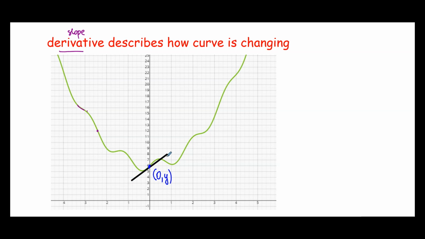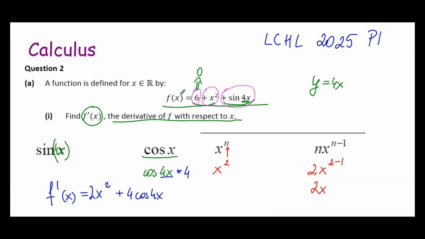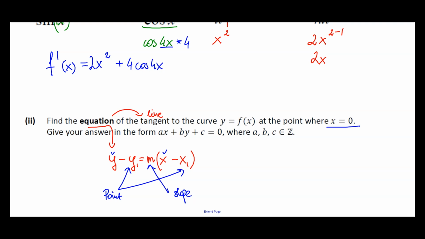It belongs to both of them. So I can use that to find the value of y, since I have the value of x. So my function f, when x equals 0, would be 6 plus 0 to the power of 2 plus sin of 4 multiplied by 0.